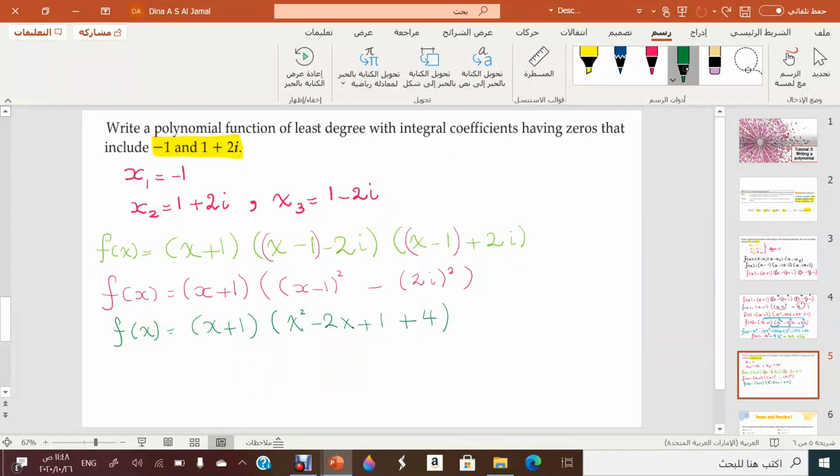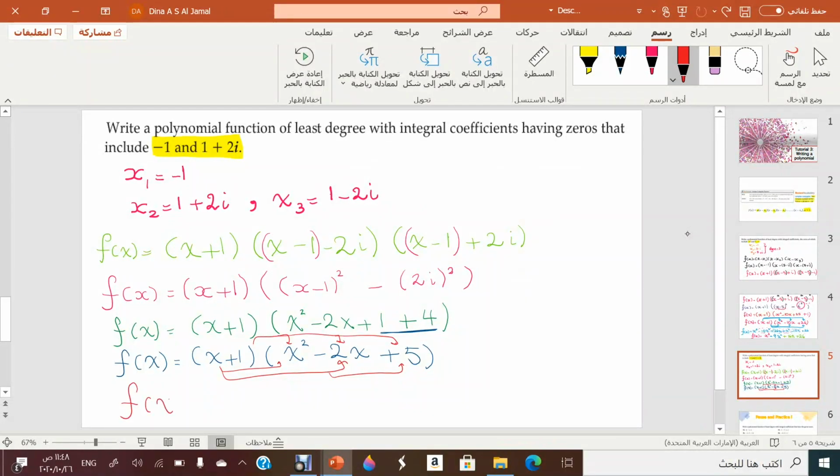Okay, and let's substitute further and simplify because you have like terms here. f of x, x plus 1, and then you have here x squared minus 2x plus 5. What you need to do is distribute as we did before, this one with this one, then take the like terms.